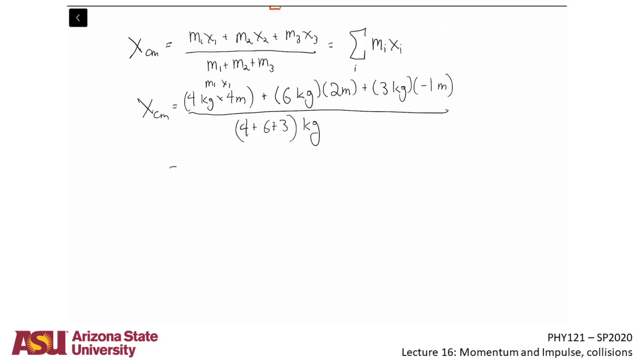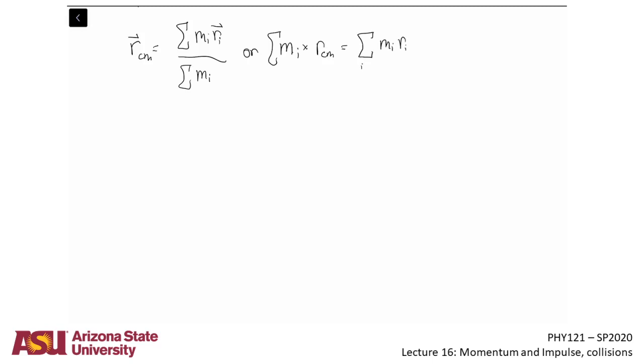This, it turns out, is equal to 1.92 meters. By the way, feel free to pause the video at any time. The order of what I'm saying matters a little bit, but the rate at which I'm saying it is not. So if I'm going too fast, feel free to pause. If I'm going too slow, feel free to skip ahead. We can do the same thing for the y component, right? And you end up getting 1.38 meters. I encourage you to do this on your own.